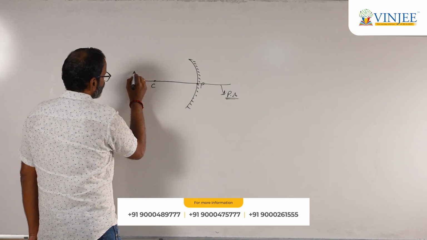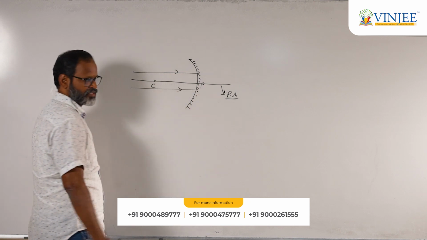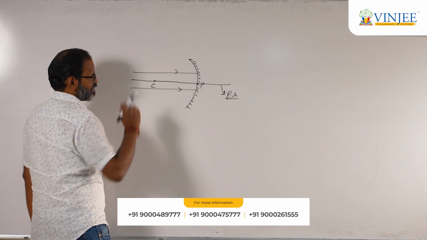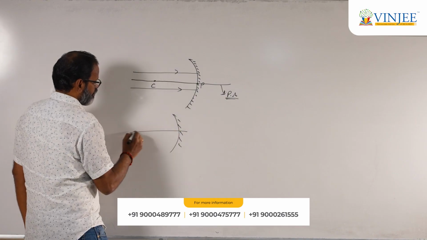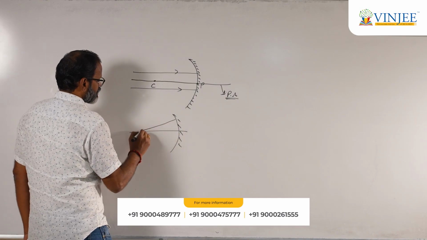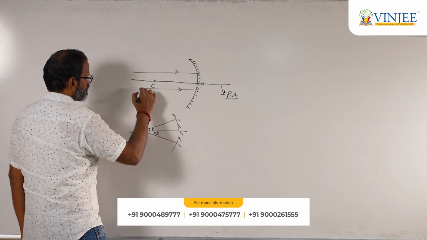The light rays which are nearer to the principal axis are called paraxial rays. In other words, the light rays which make small angles with the principal axis are called paraxial rays.